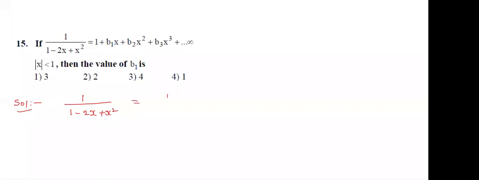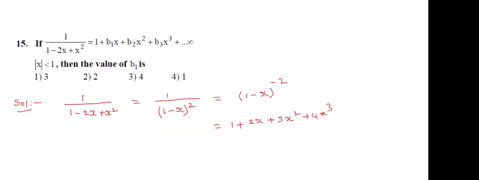Observe the denominator part clearly: it is a perfect square, that too 1 minus x whole square. Send it to the numerator: 1 minus x whole power minus 2. Students, expand this: 1 plus 2x plus 3x square plus 4x cube and so on, infinite.